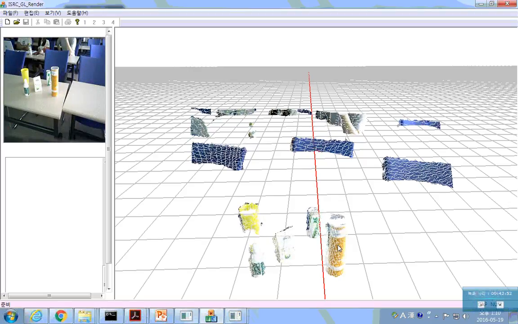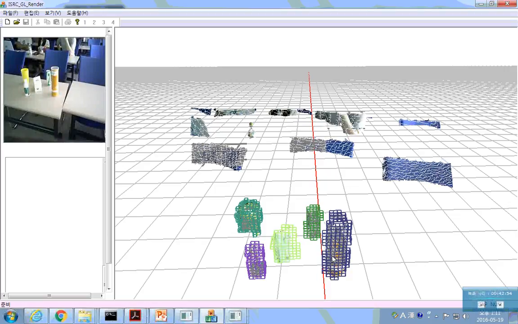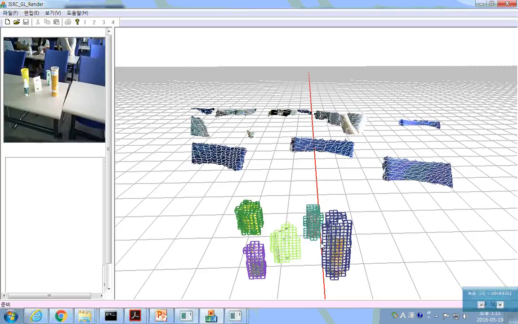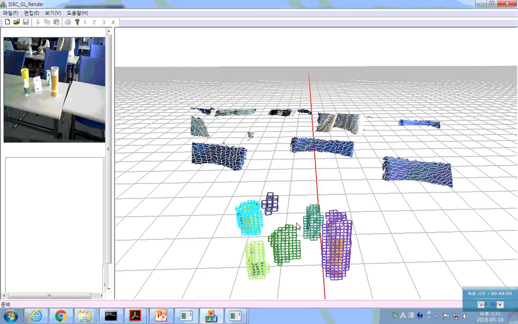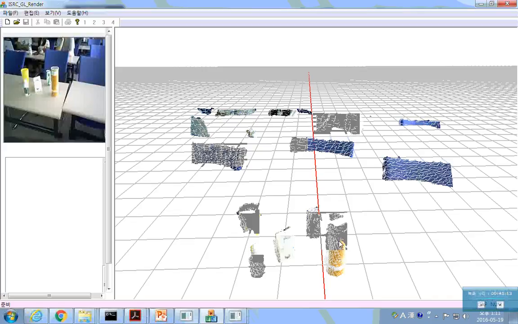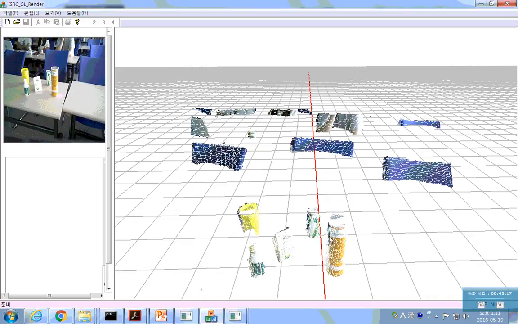Instead of taking every point and measuring it, we represent a group of points as one voxel, or one box, and we take the center of this box and process it. This is the Octree representation. It's a voxel representation. So this will make the computation much faster. That's why we can recognize the objects.